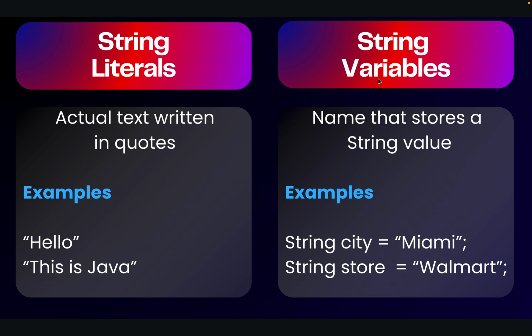However, the string variable is the name that stores a string value, like city, for example, on this screen. So think of the literal as the actual text, and your variable is the name that is holding that string.